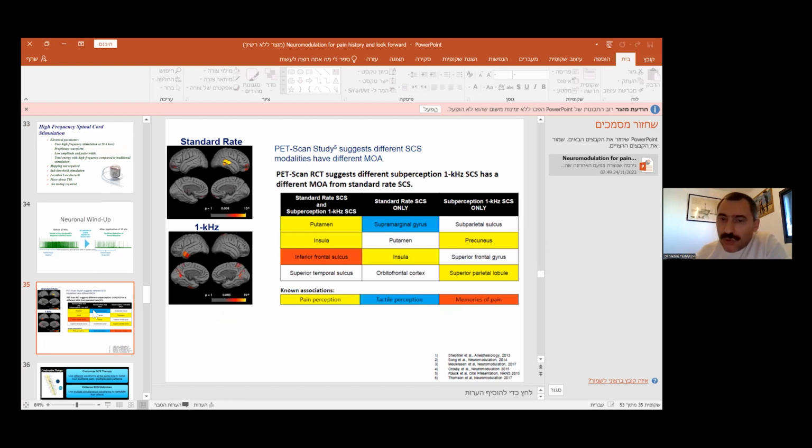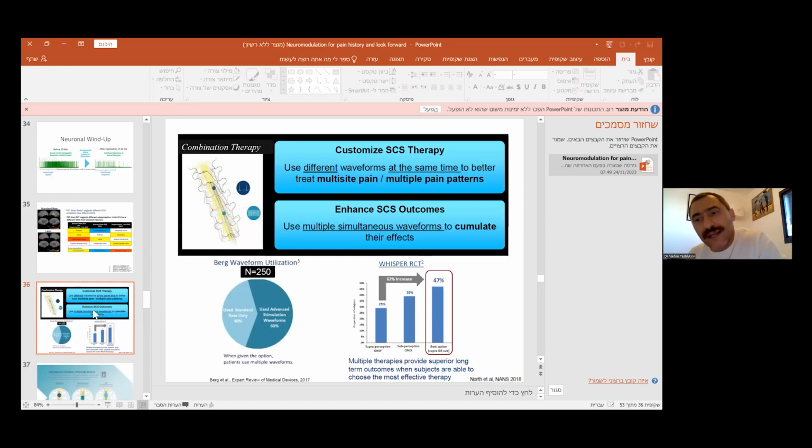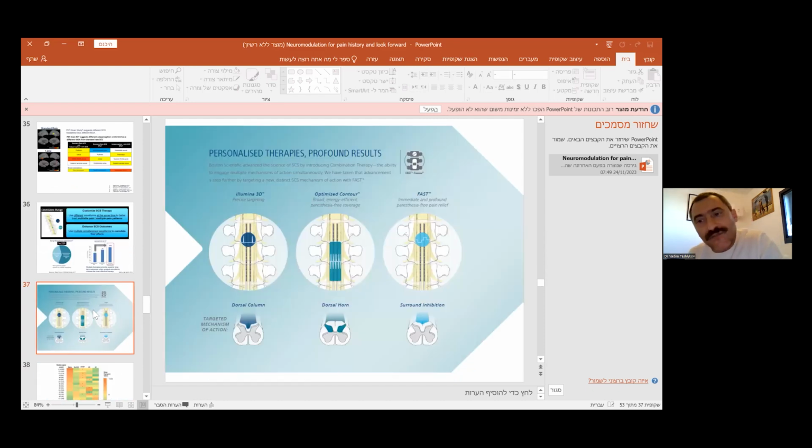And it was shown not only in biological research, but also in clinical research, and we see much more effective stimulation than when we make a combination. This was the basis for the introduction of different algorithms to the market, such as Illumina, such as contour algorithm, fast algorithm, working and activating different areas in the spine and different areas in the brain.